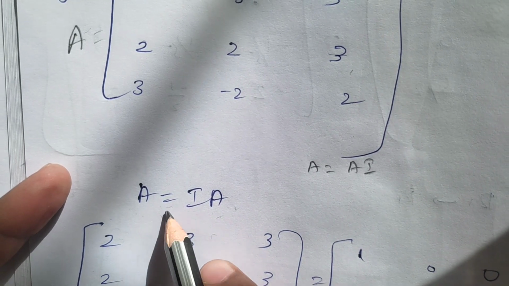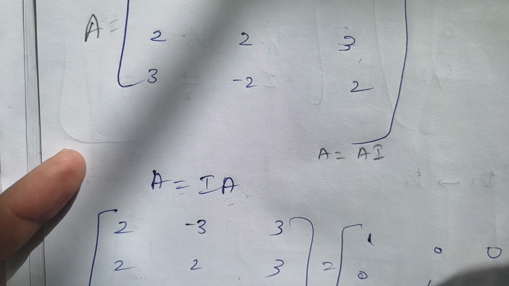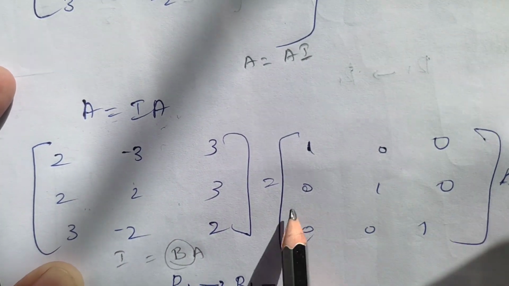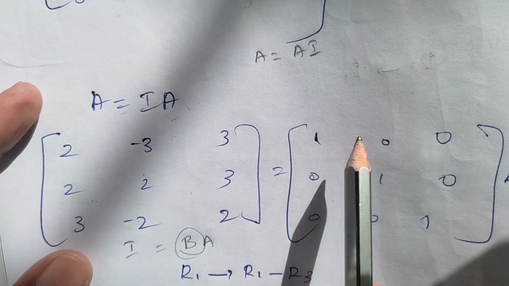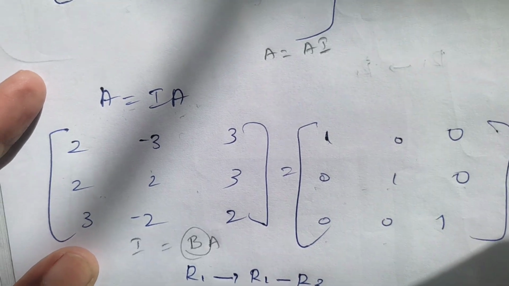Since I have taken A is equal to I into A, I am going to follow the row operations. So first let us write the A matrix as I into A. I is the identity matrix, 3 by 3 matrix: 1 0 0, 0 1 0, 0 0 1.